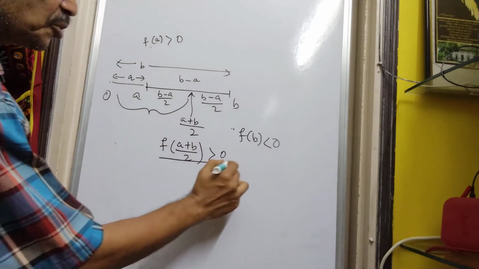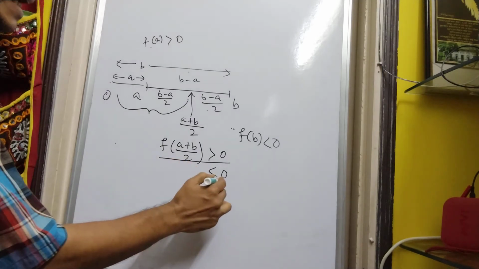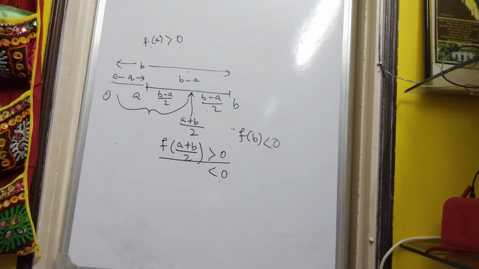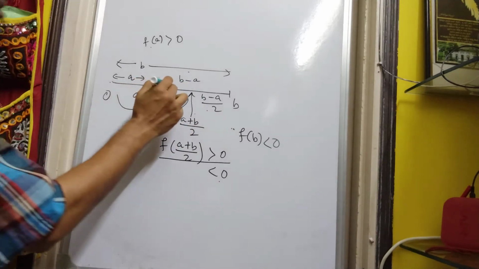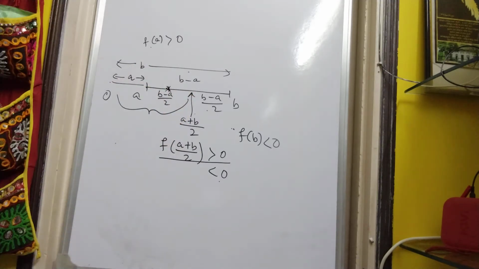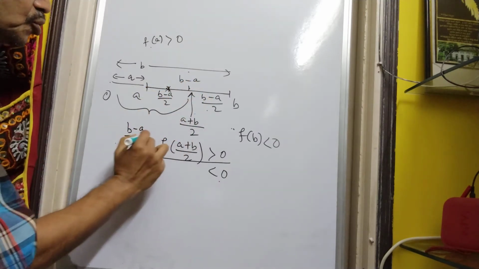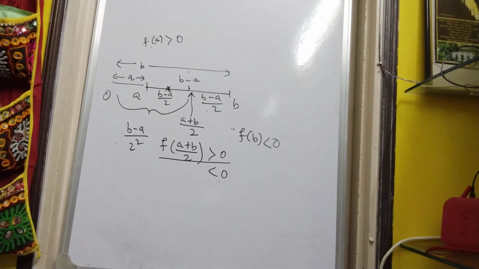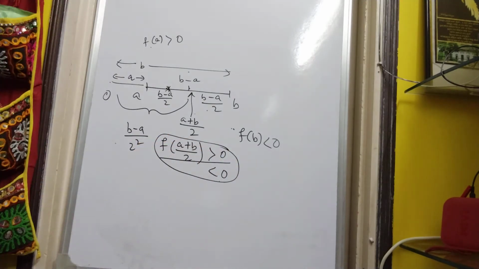Now if this is positive, we take this interval, and if this is negative, this point a plus b by 2, then you take this interval, because obviously the root lies between them, and we subdivide it, again take the middle point, and the length will be b minus a by 2 square, obviously, and we keep on dividing just by checking this. And we have a sequence of nested intervals.